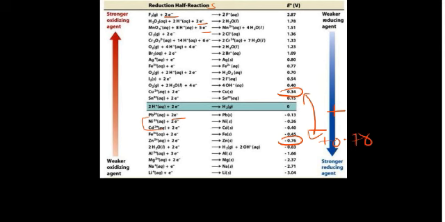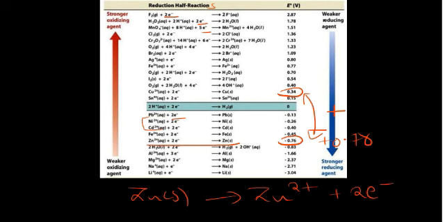So in this case, if we reverse zinc, zinc will now appear as an oxidation reaction, because we would start with the solid giving us zinc ion plus 2 electrons emitted, which is an oxidation reaction, and it will have a positive value, which is now of course the oxidation potential.